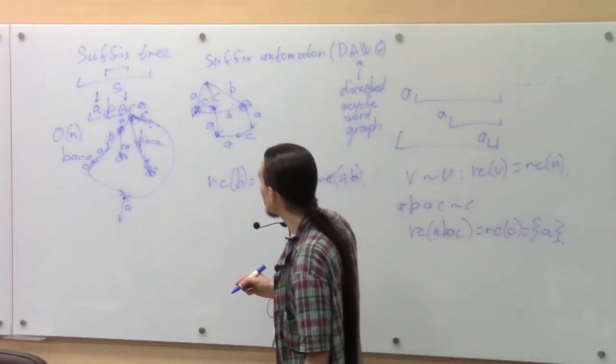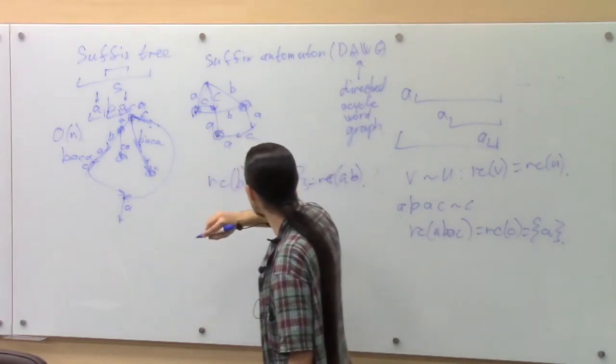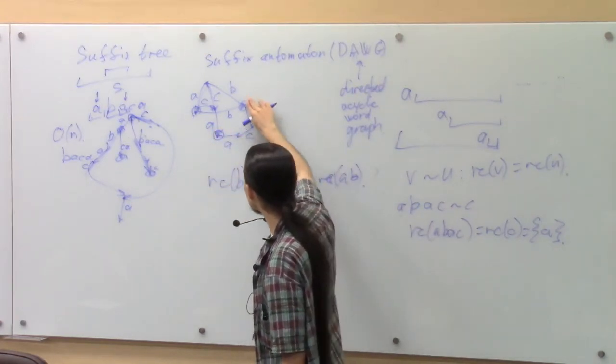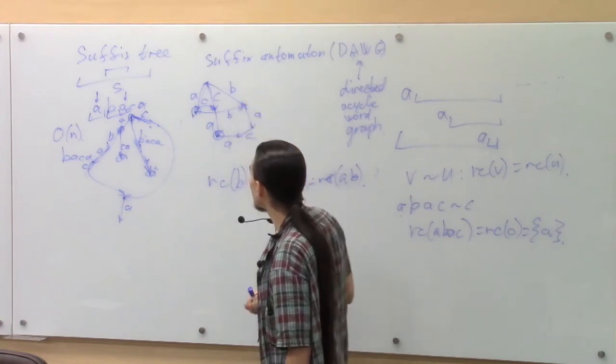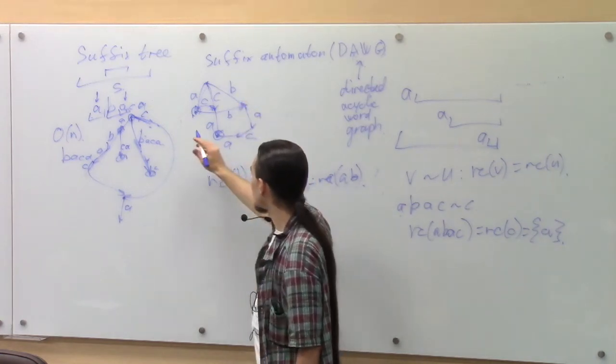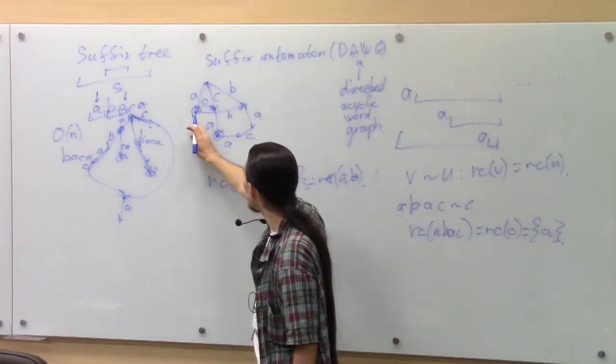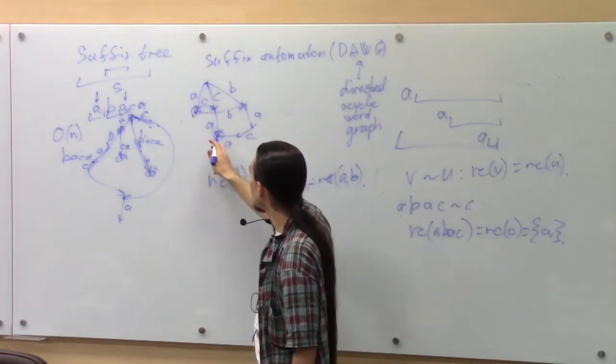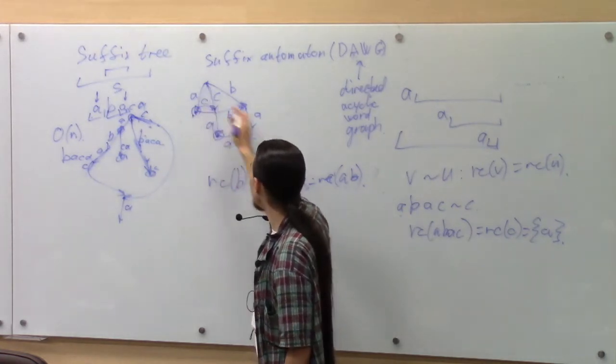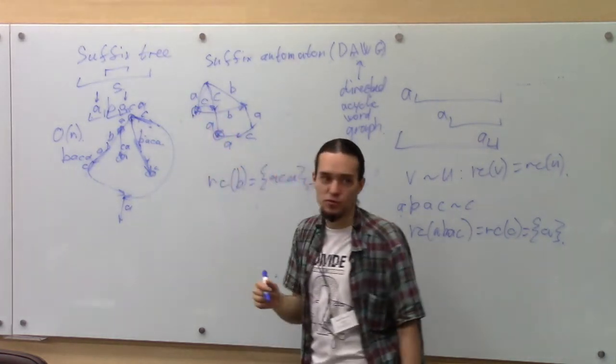So if we were to mark the terminals, it would be these, and I don't know why I marked that. So it's A. ACA should also be terminal. So this is terminal, BACA. So there are only two terminals here.